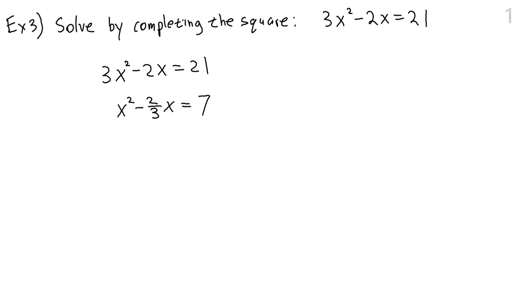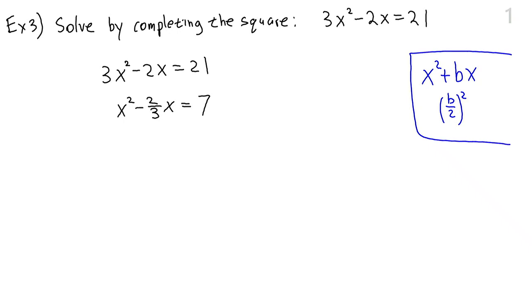Again, recall the process of completing the square. If I have x squared plus bx, a binomial, I complete the square by adding b over 2 squared. What's our b in this case? Our b is negative 2/3.